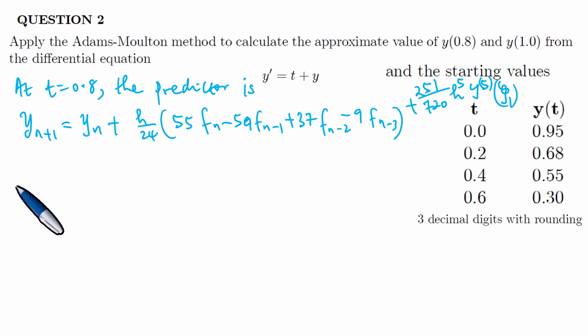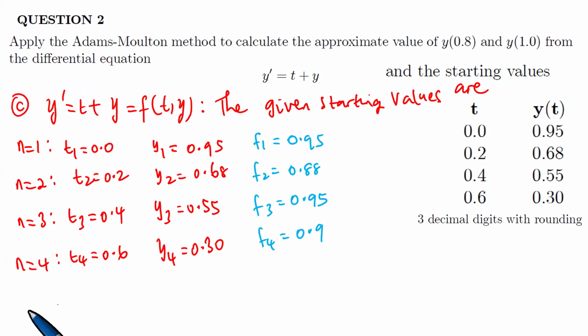And now we're dealing with the predictor. Because you can see that you have y1, y2, y3, y4, then we must do y5.